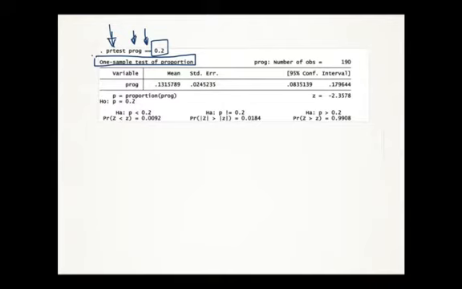And so the mean, which is to say the estimate of the proportion from our data set, is 0.13. Here's the corresponding standard error. Here's the 95% confidence interval. Okay, so without looking any further, I would already know that we would reject the null. Why? Because the confidence interval does not contain 0.2, which is our hypothesized value.